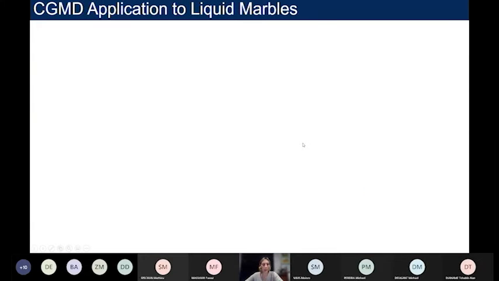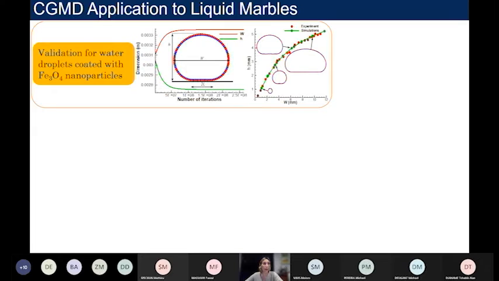We looked at the applicability of this model, validating it for a water droplet coated with nanoparticles. There are some experiments where they looked at different sizes of marbles, and depending on the size of the marbles, when you put those on a flat surface, the bigger they are, the larger the puddle shape they take.